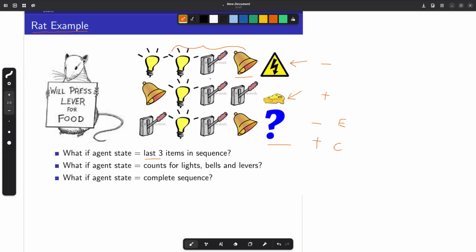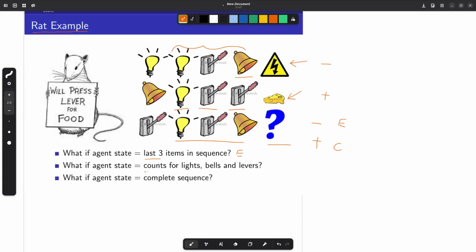So after this observation, your rat gets electrocuted, and in the second observation, you see a light bulb, pulling the lever twice, and getting a cheese. If you compare these, the third observation is identical to the first one. If you choose your state as the last three items, you would predict that your rat will get electrocuted.